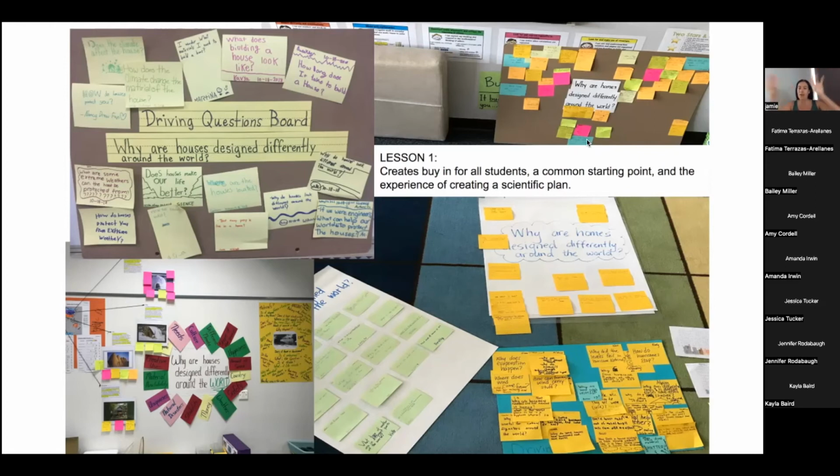So you can have them start to group them and go, oh, we have a bunch of questions about where these homes are located. So that might be one of our first things we try to figure out, where are these homes located? And that actually takes us to the next lesson. So it's the illusion that they've come up with this next piece to investigate.